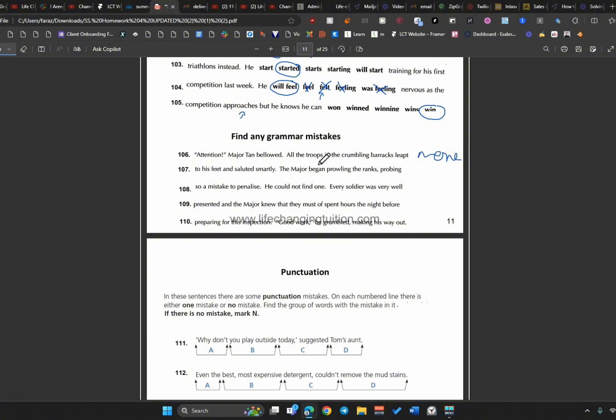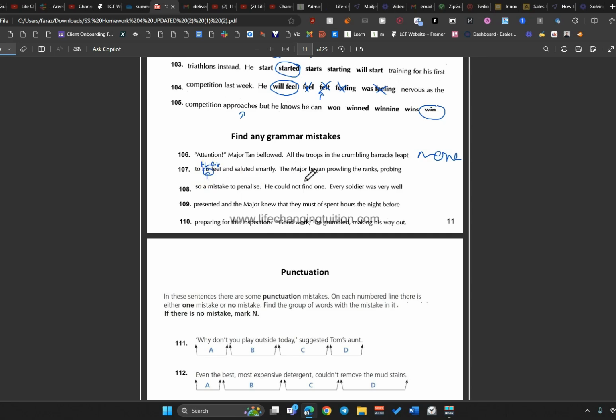So all the troops in the barracks leapt to his feet and saluted smartly. Okay, so this is the wrong version of his. I mean, we can't use his because it's a group of people that we're talking about, so it should be their. Leapt to their feet, right?